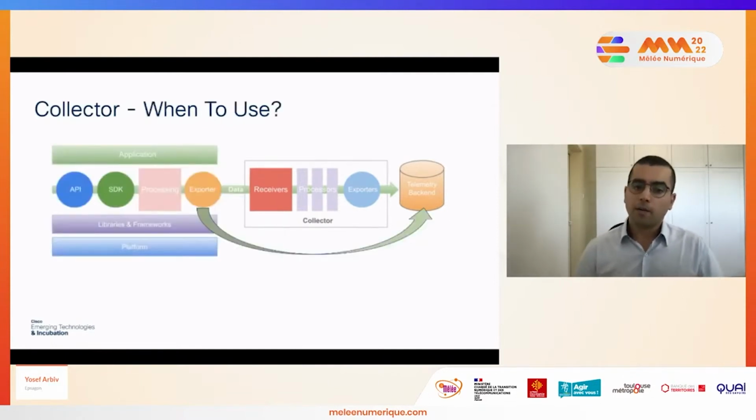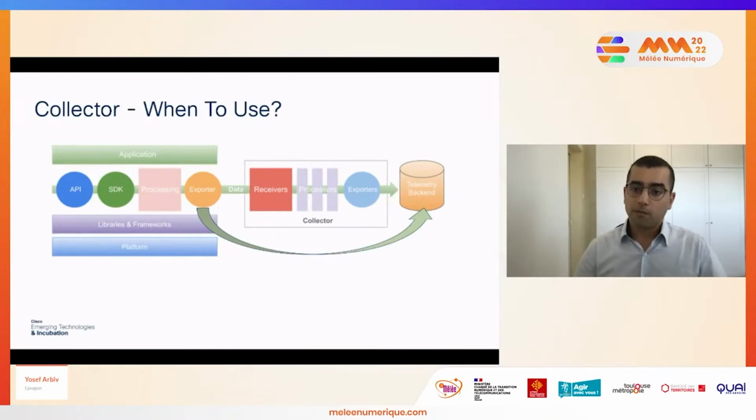I mentioned earlier that the exporters can also run as a part of your application. So in a different SDK, in a different contrib repo for each language, you have some exporters that you can use inside your application. So when would you like to use the collector? One reason for using the collector is if you want to have better performance in your application.